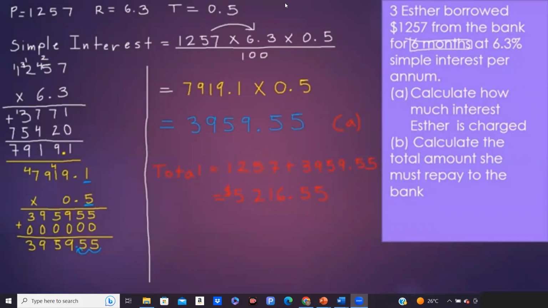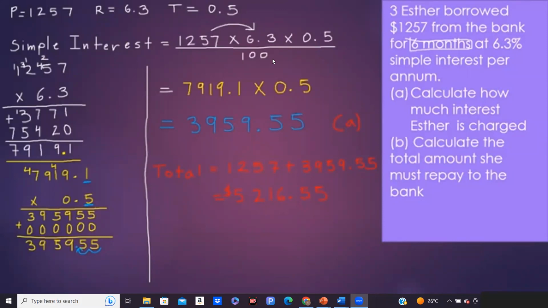But because it says 6 months, we have to change it to years, so we divide 6 by 12, which equals 0.5. Very good. So the simple interest would be 1,257 times 6.3 times 0.5 over 100.